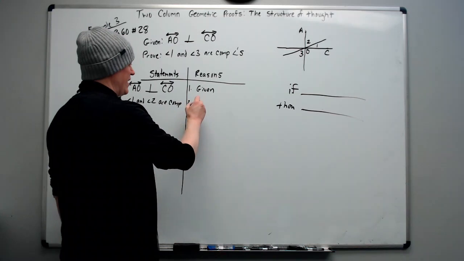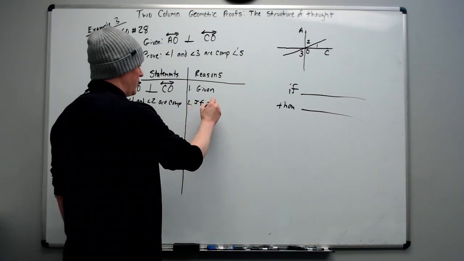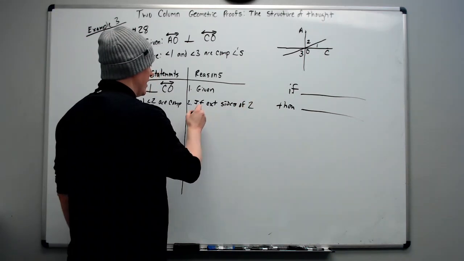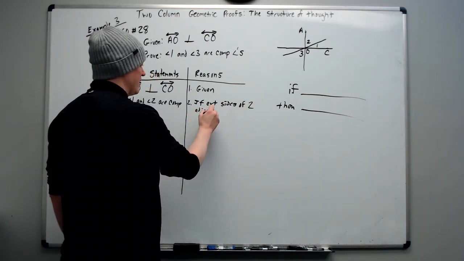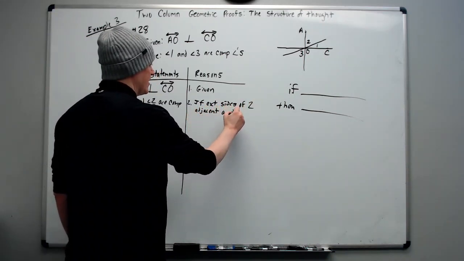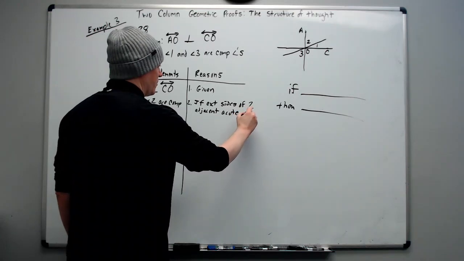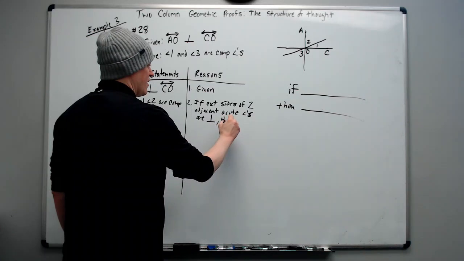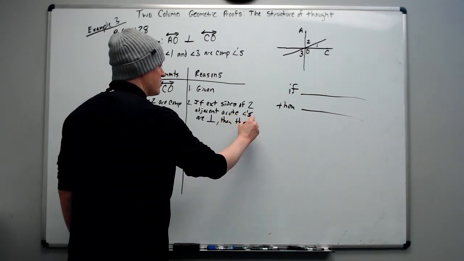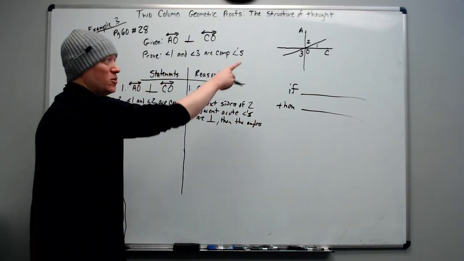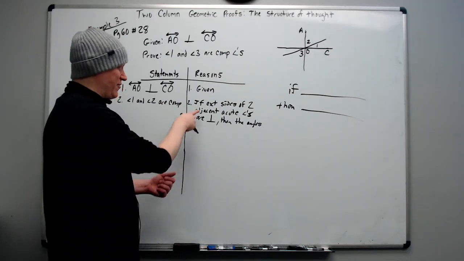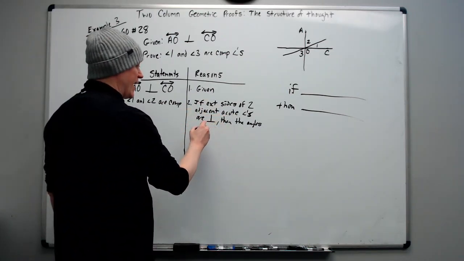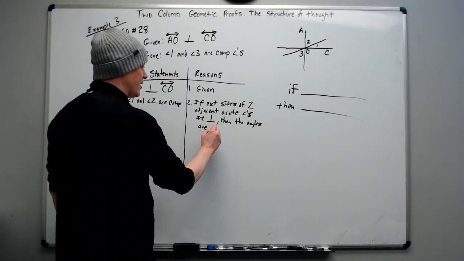And so it's: if the exterior sides of two adjacent acute angles are perpendicular, then the angles, again, what angles? 1 and 2. Those are the ones that have the exterior sides that are perpendicular. Then the angles are complementary.